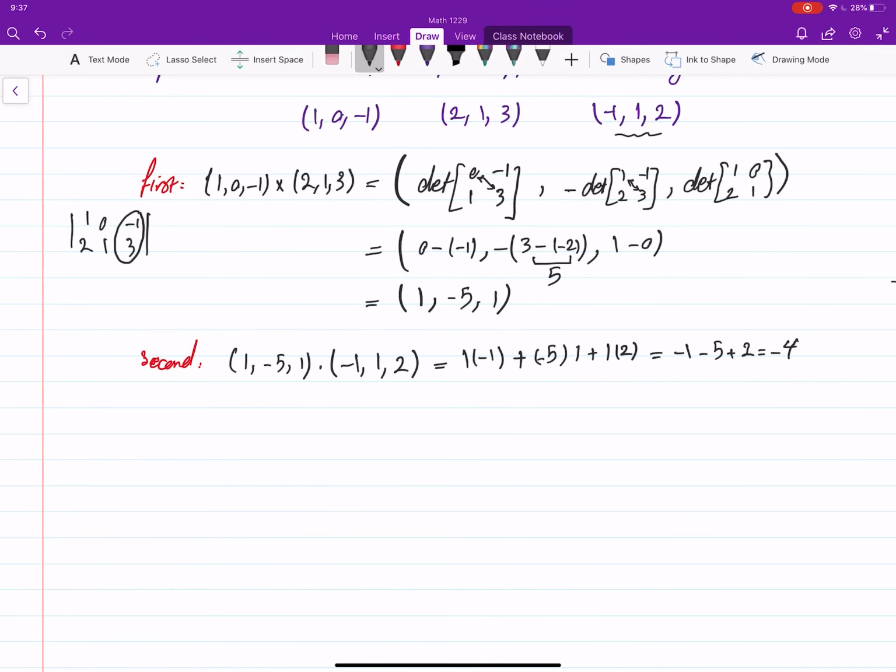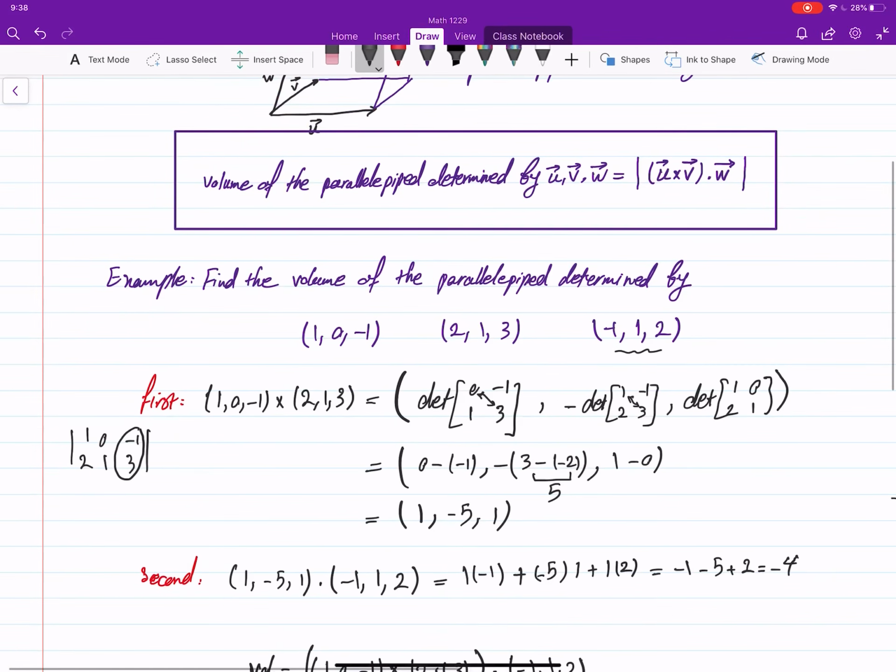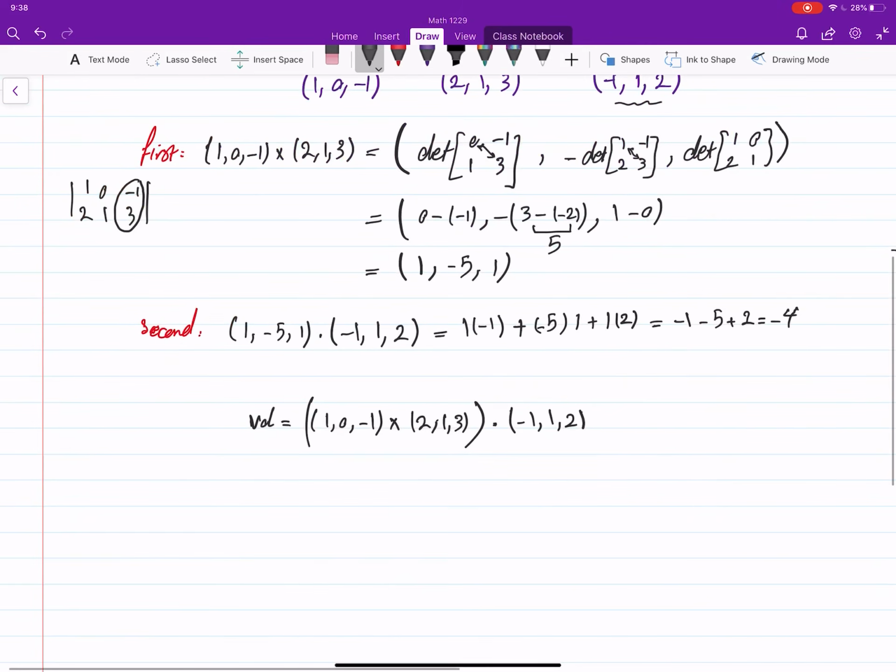Well, then the final step is the volume, not this number. So what we found is 1 0 negative 1 cross 2 1 3, then the dot product of that with negative 1 1 2. Don't forget, there is an absolute value here. That is very important and very necessary to remember.